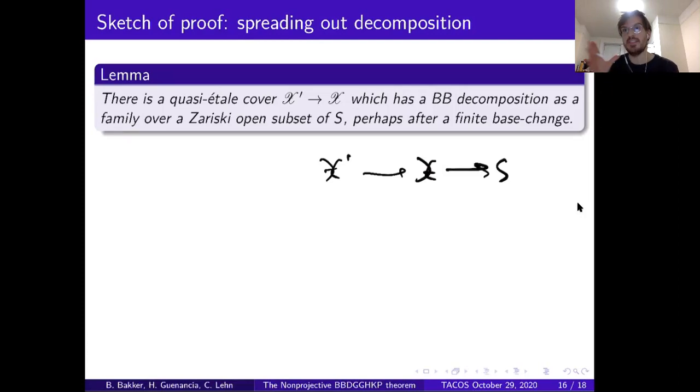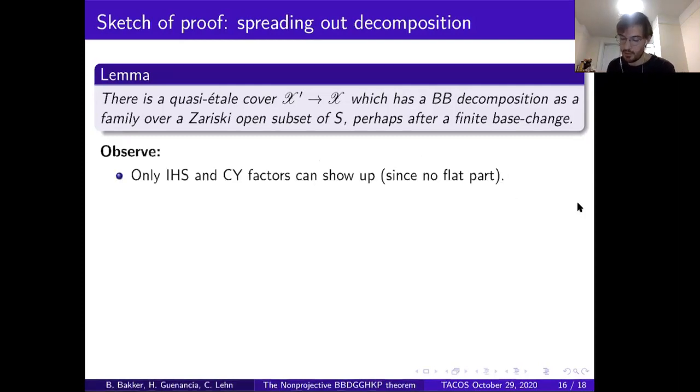Basically, remember that in this family we have many projective fibers, and on each projective fiber we know there is a quasi-étale cover where we have a Beauville-Bogomolov decomposition, and this lemma is saying we can spread that decomposition out, at least in a Zariski open subset. Okay, so what's the proof?